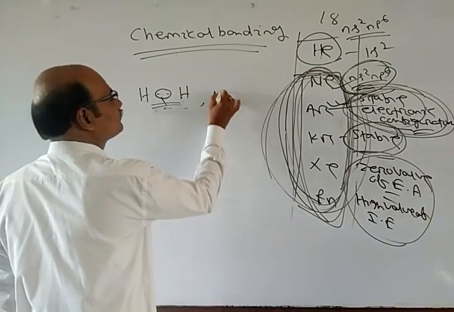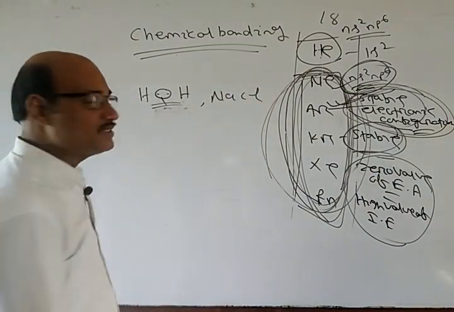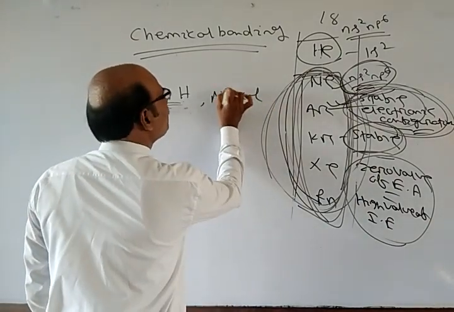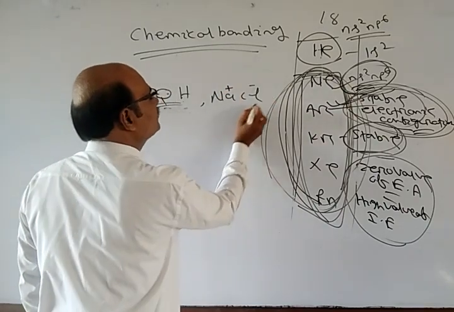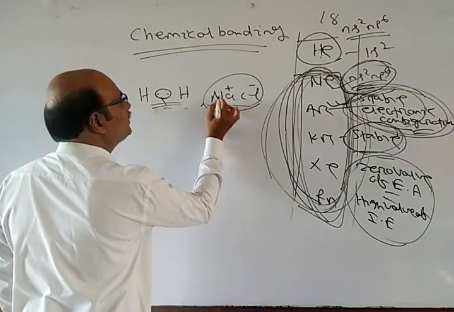We have NaCl. Here we have Na plus and Cl minus, and there is a force of attraction between these two, called what? A chemical bond.